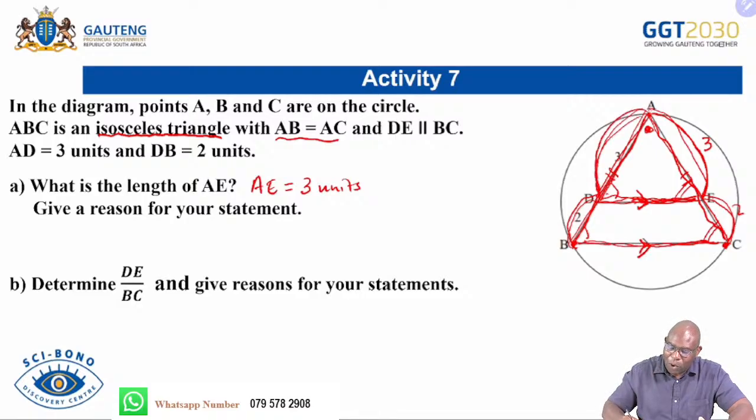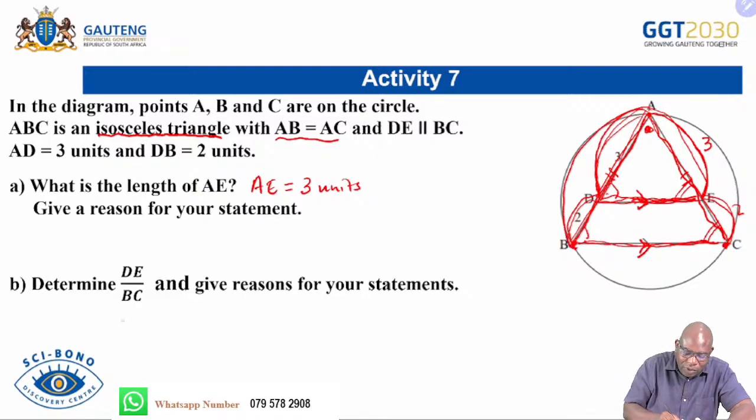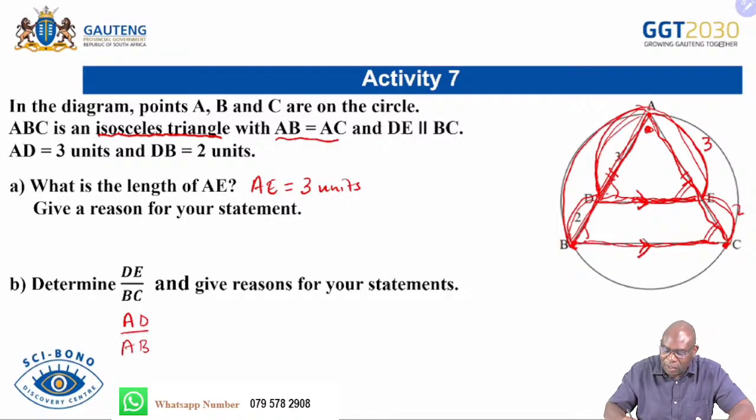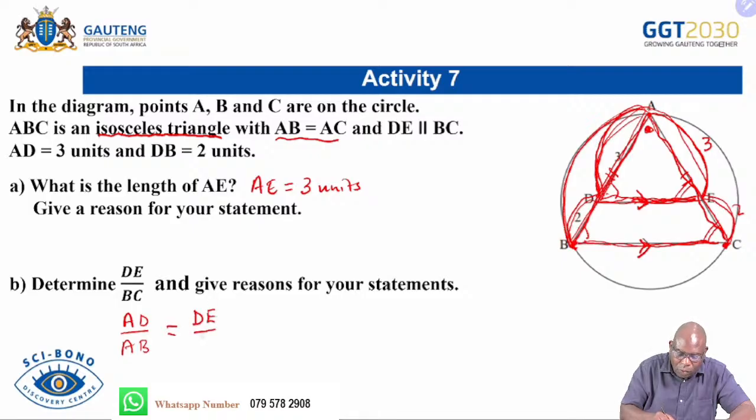AD over AB. So I'm taking this small line there over the length of the other line, the bigger line. So this will be the same as DE over BC.